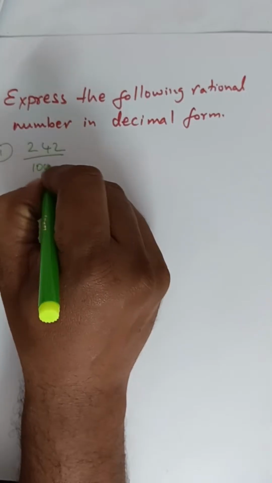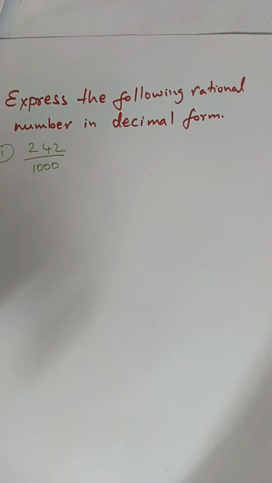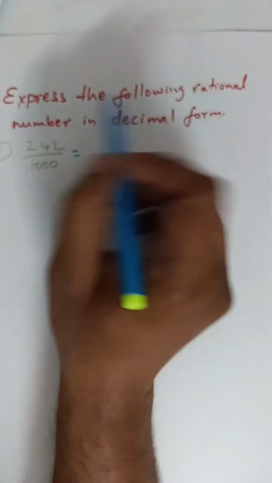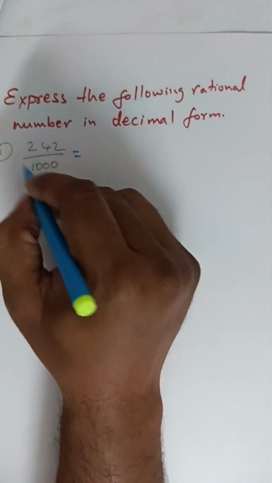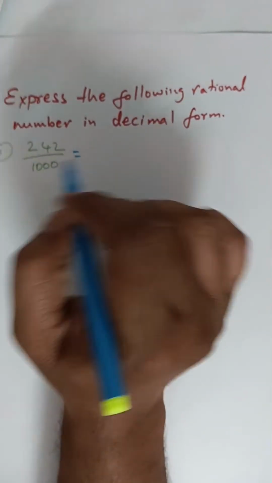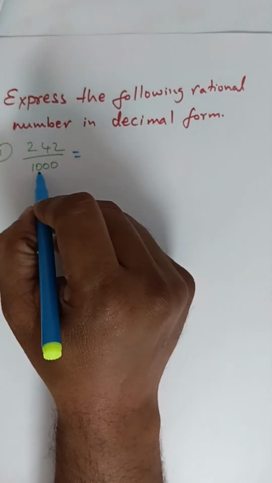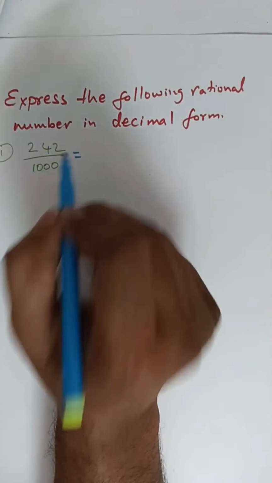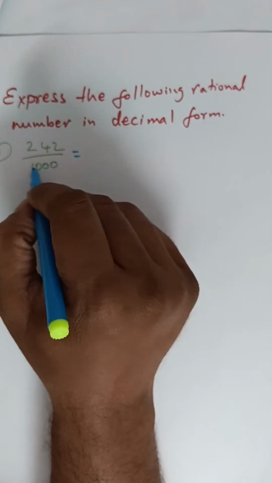242 by 1000. Okay, this is the question. Now we have to understand: express the following rational number in decimal form. This is the rational p by q form. We have to convert it into decimal form. A simple way: whenever you have a denominator of 1 with some zeros, count how many zeros there are. 1 2 3.